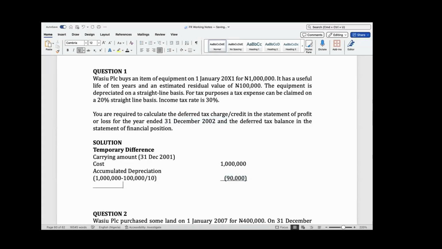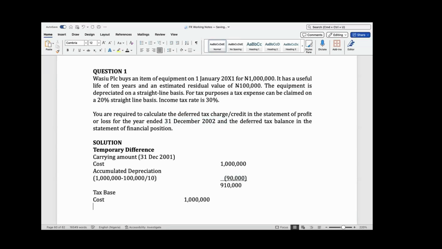So my carrying amount as at the end of 2001, which is the previous year, is 910,000. And my tax base, which is also the cost of this item, which is still 1 million, less the tax accumulated depreciation, which we call capital allowance in Nigeria.